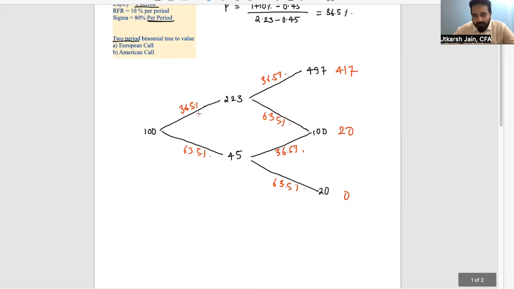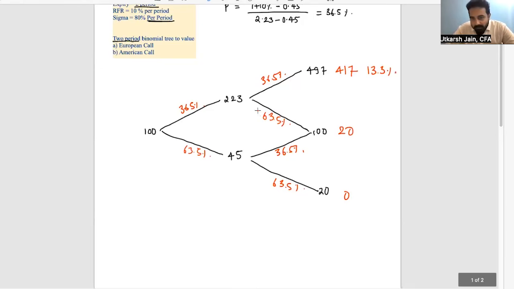Okay, so let's do a joint probability calculation. 0.365 squared. 100 minus 36.5 is 63.5. 0.365 squared is 13.3 percent. That's a joint probability.